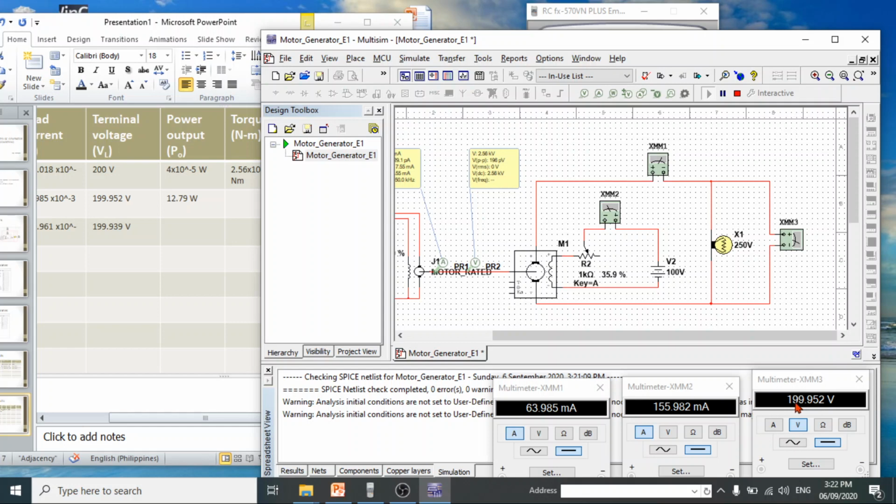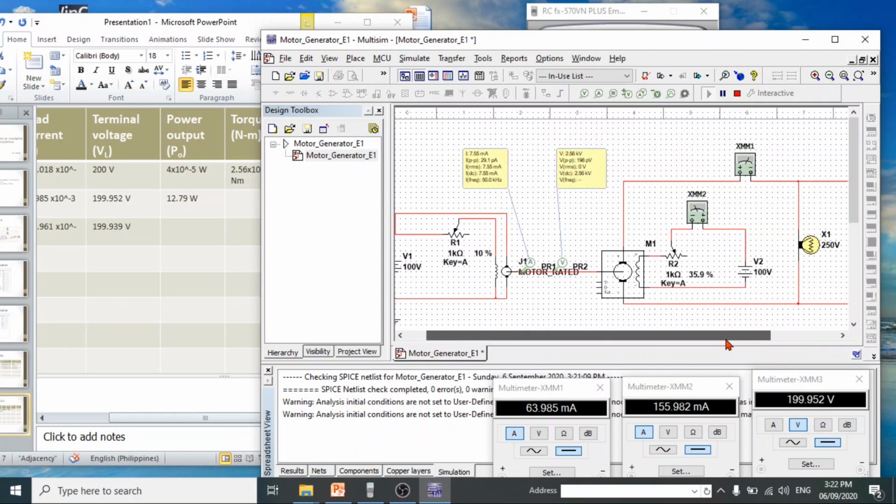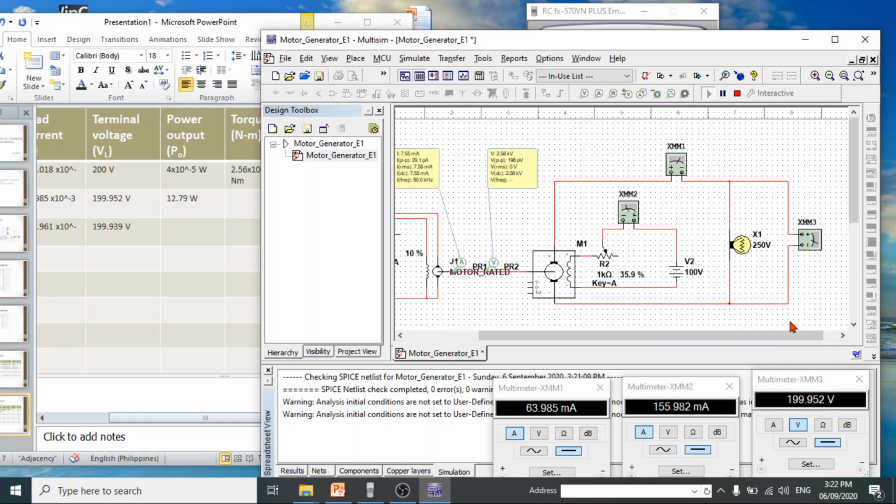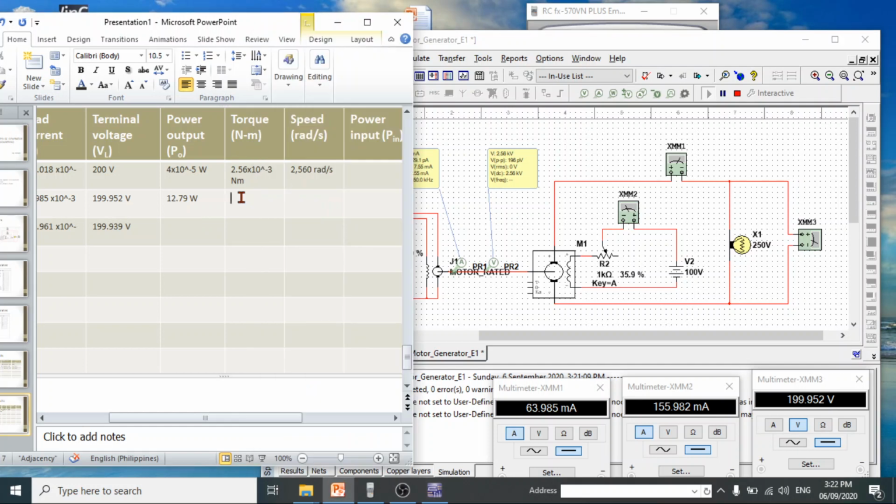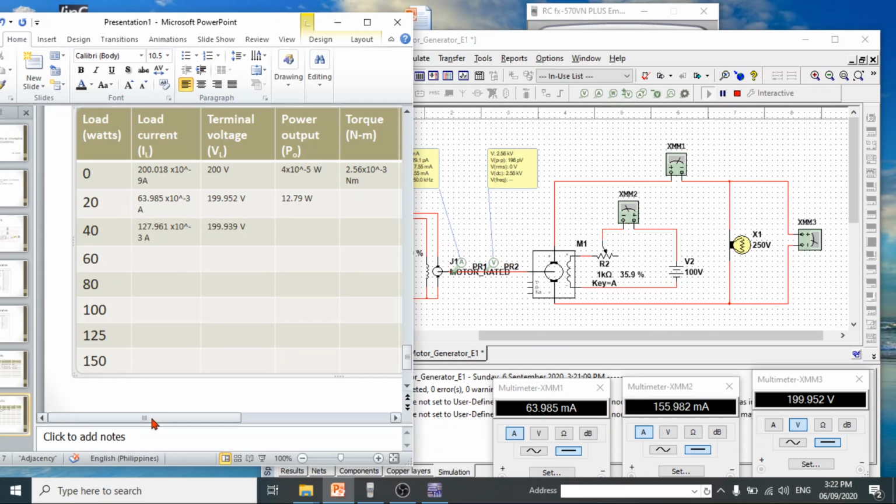Although there is a minor drop, that's negligible. You may observe that the terminal voltage will drop by a very minimal value as you increase the wattage of the virtual lamp. So in the table, this is for the 20 watts load.